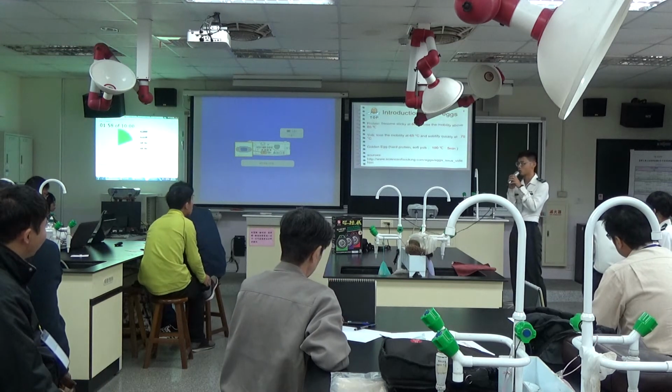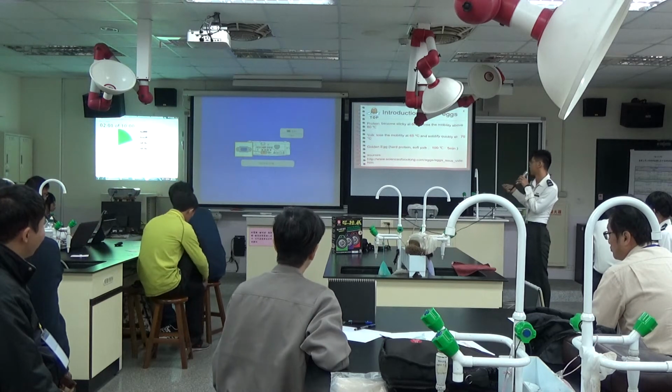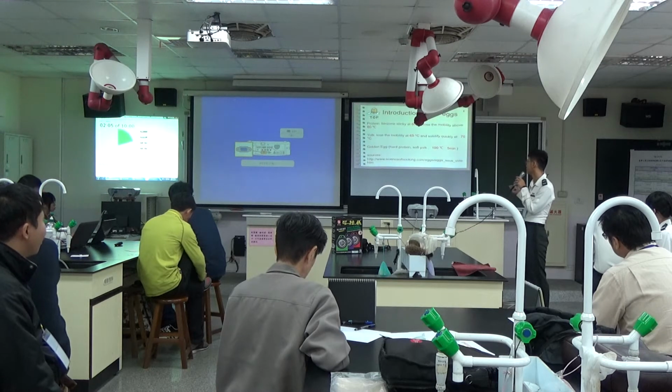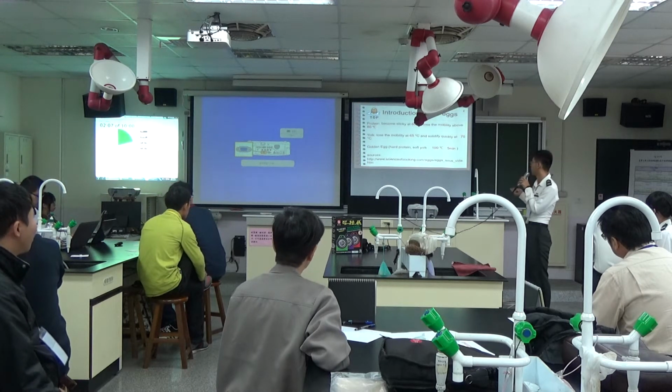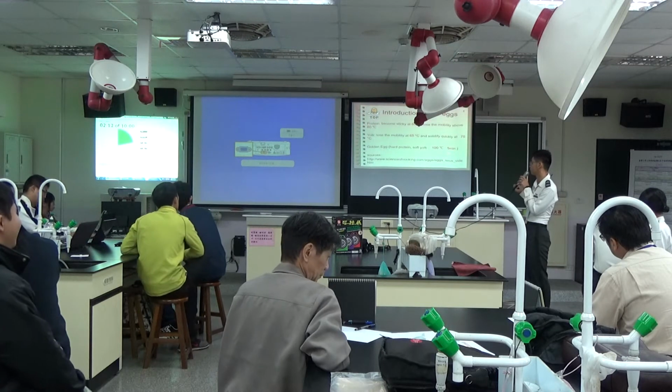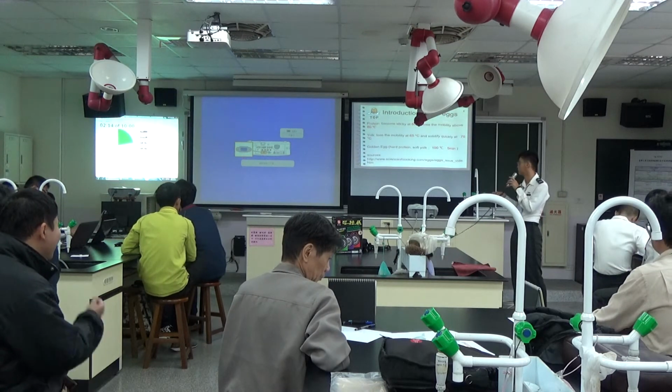If we want to make a golden egg, meaning hard protein and soft yolk, we use 100 degrees for 5 minutes. This source is from this website.